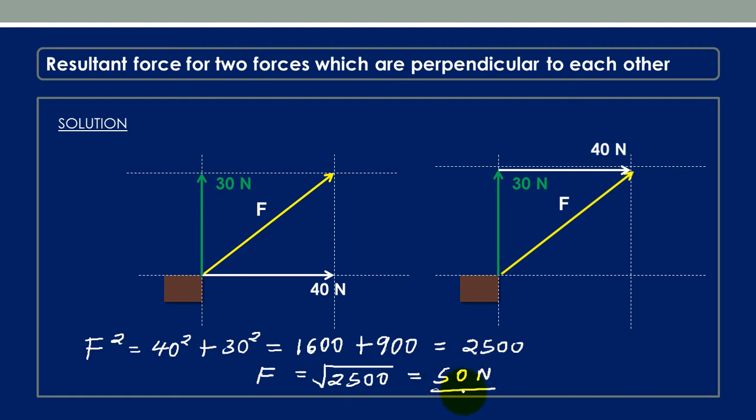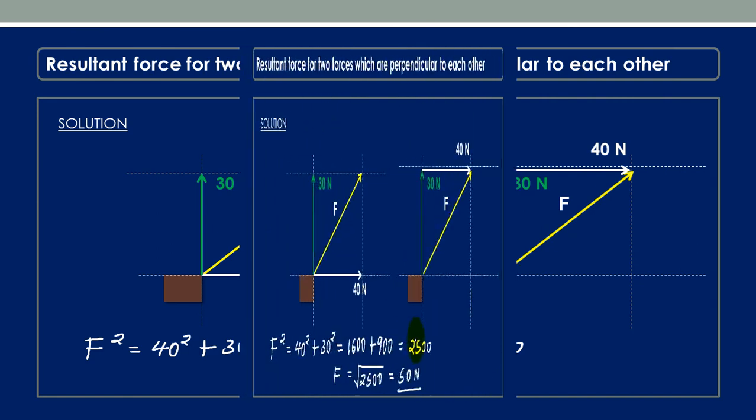It's just as simple as that. When you've been provided two forces which make 90 degrees with each other, the first thing is to connect them head to tail, and then connect from the first tail to the last head. That arrow will represent the resultant force, and we can work out its magnitude using Pythagoras theorem.